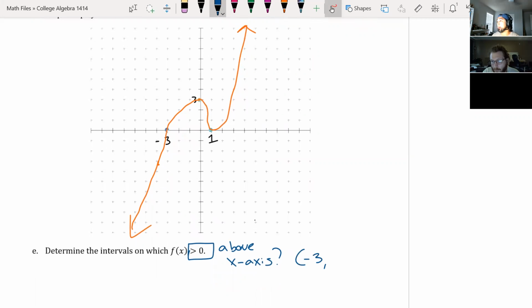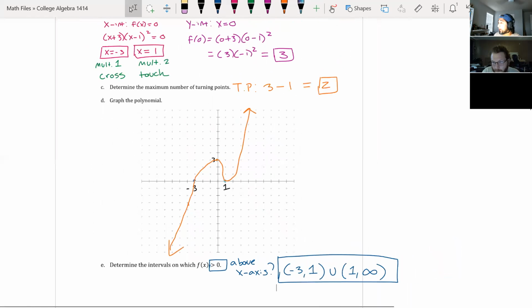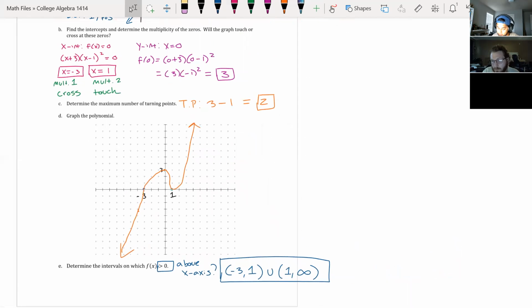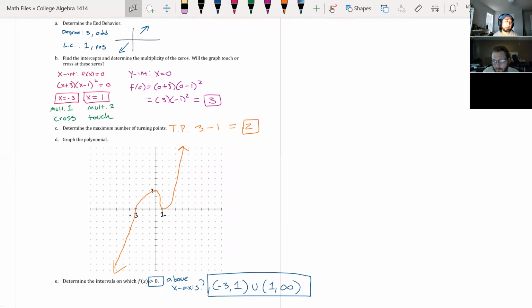And where do we stop? At 1. And then again, from where? 1 to infinity. And that's where we are above the x-axis. All that just to answer that little question. Any questions on that process?